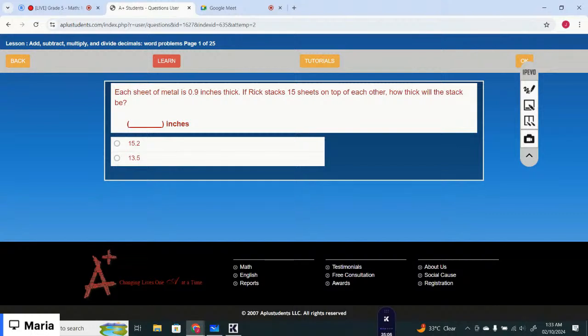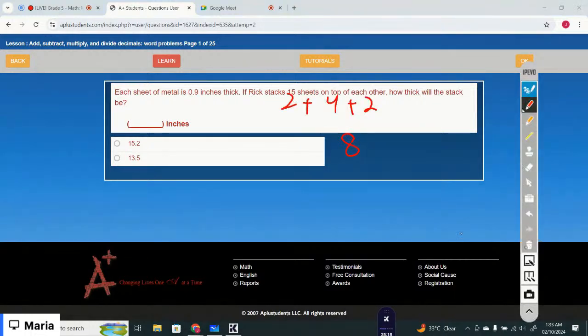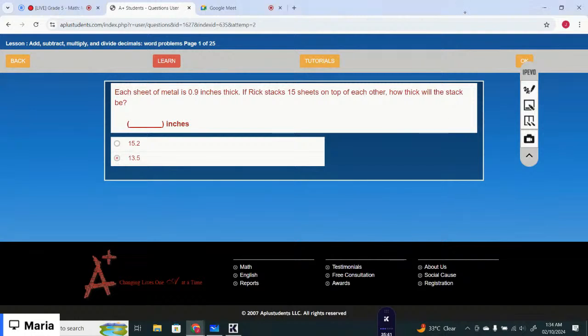The thickness is 0.9 inch, and you have 15 sheets one above another, so you have to do 15 times 0.9. 9 times 5 is 45, 9 times 1 is 9, and 13.5 it is. So the thickness of 15 sheets is 13.5. Got it? The correct option is 13.5.